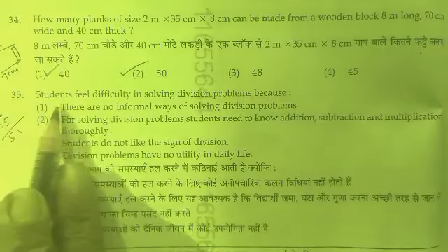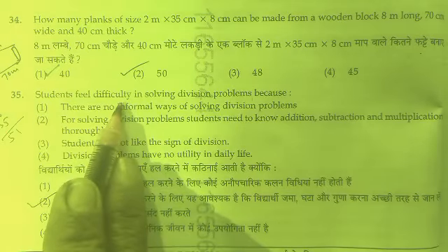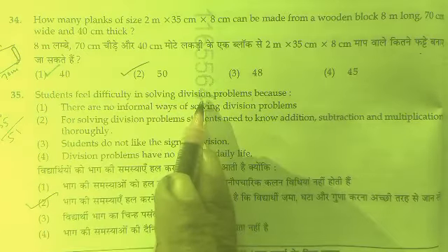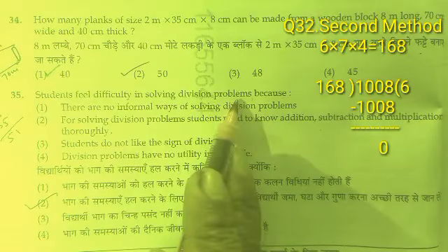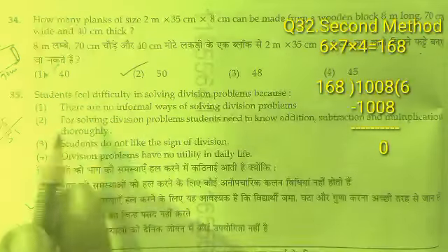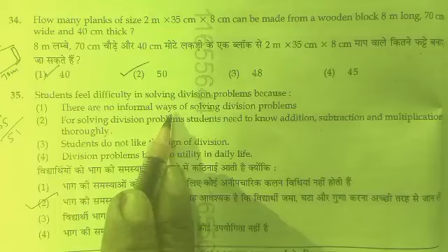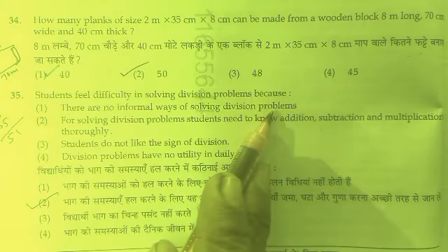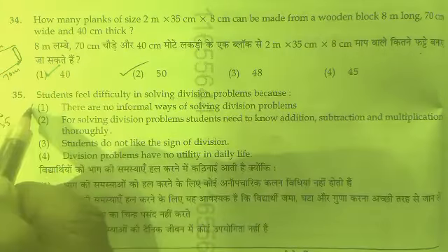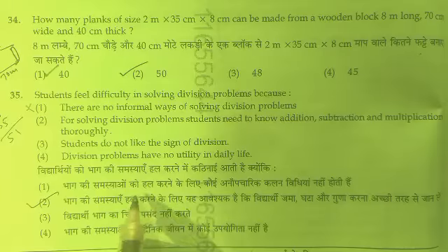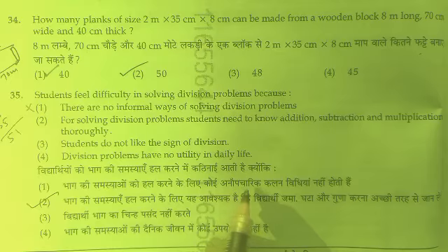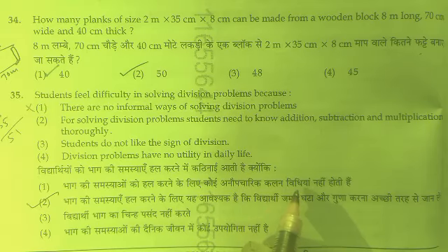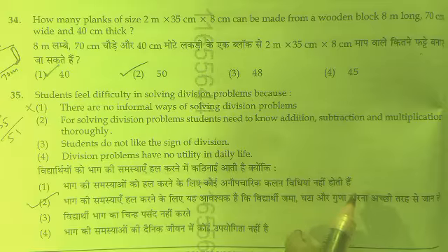Number 35. Students feel difficulty in solving division problems because there is no informal way of solving division problems. This is wrong. There are informal methods for solving division problems.